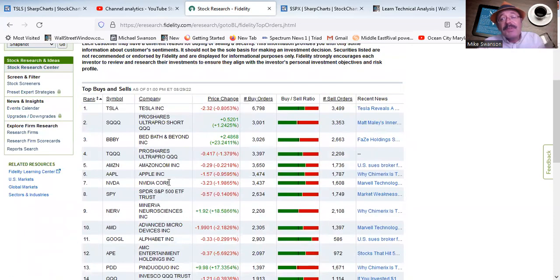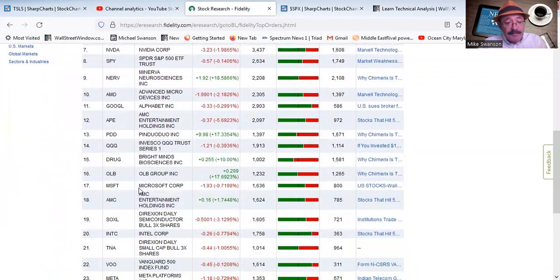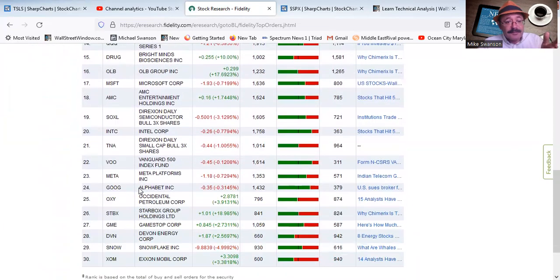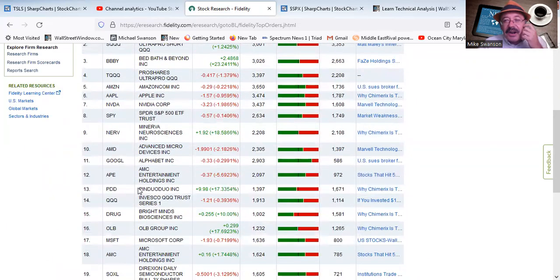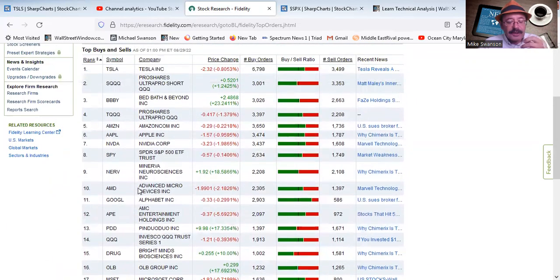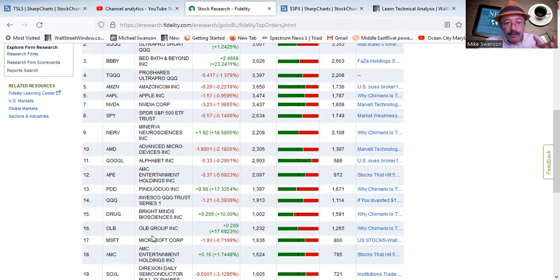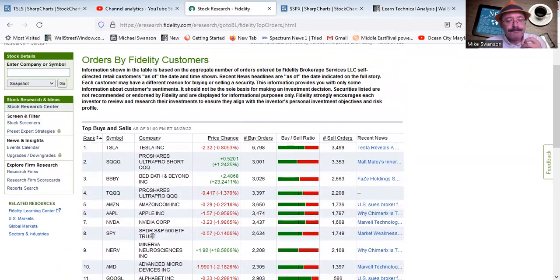But in the past few weeks, we've seen these meme stocks appear on the list: Bed Bath and Beyond, AMC, and GameStop. Snow is now on the list today. Some really strange stocks were on it last week. Well, there's one here, Old Group. I don't know what it is. But the point of this is that this is a good measurement of what small traders, individual investors are doing.